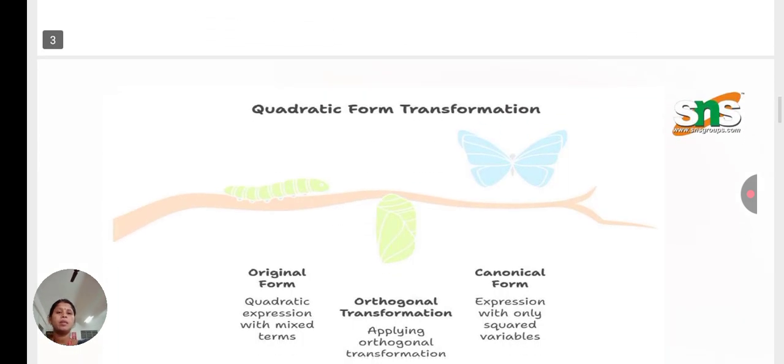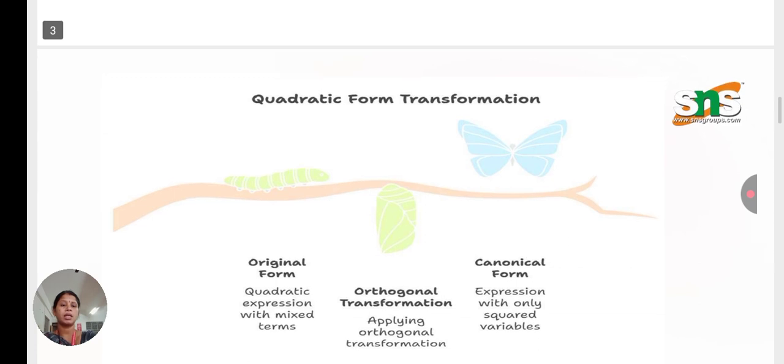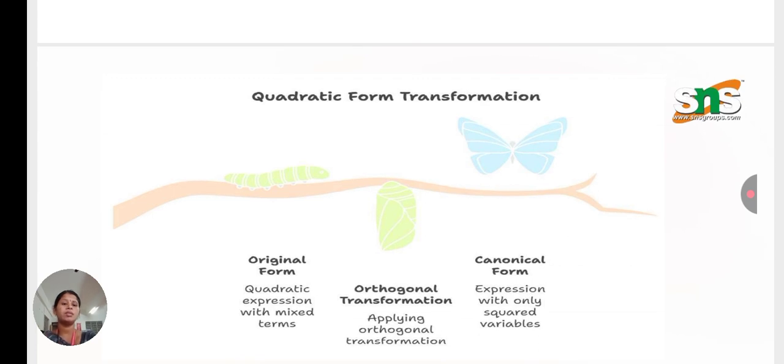To find the quadratic form transformation, we go through three major steps: the original form, the quadratic expression with mixed terms, and the orthogonal transformation by applying an orthogonal method. After satisfying the orthogonality condition, we go to the canonical form.